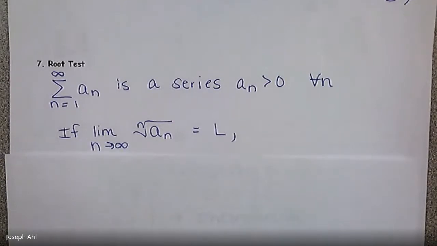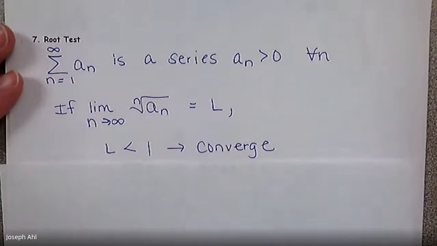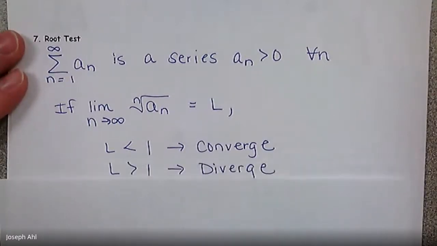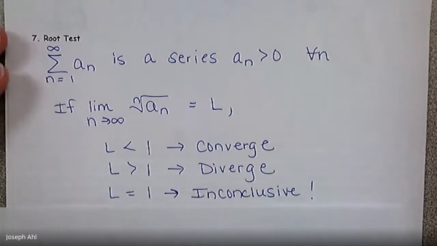So if the limit as n goes to infinity of the nth root of a sub n equals some limit L, we're going to find very similar conclusions. If L is less than 1, the series will converge. If L is bigger than 1, the series will diverge. And if L equals 1, still inconclusive.